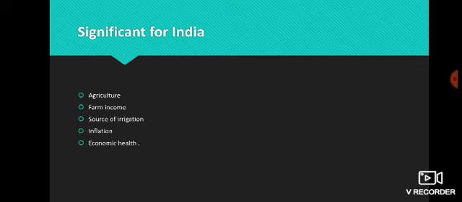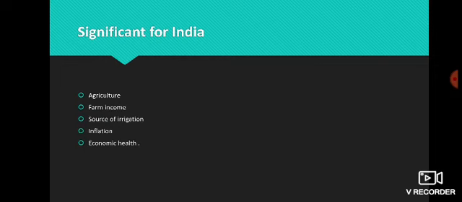When we make a partnership with another country for a project, we will have some kind of benefit for India. So let us see what it is, because India is an agrarian country. Most of the people, more than 50% of people, depend on agriculture, and this agriculture is dependent on monsoon.